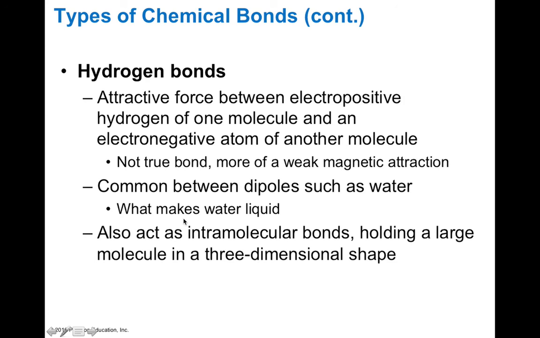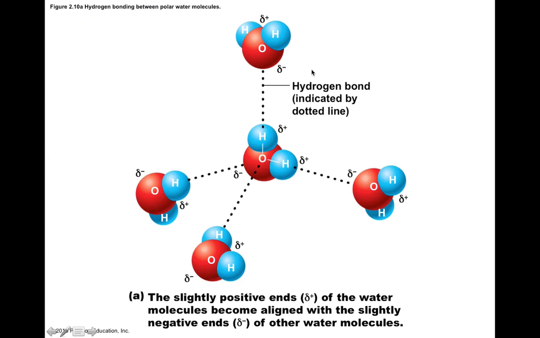If we look at two different water molecules, they form this intermolecular type of bond. Inter meaning between, molecular meaning molecule. So an intermolecular bond is between two different molecules. And what we find here is an example of these hydrogen bonds.